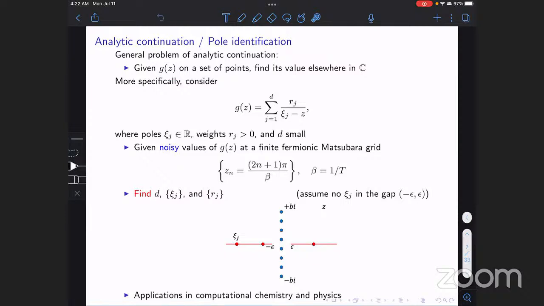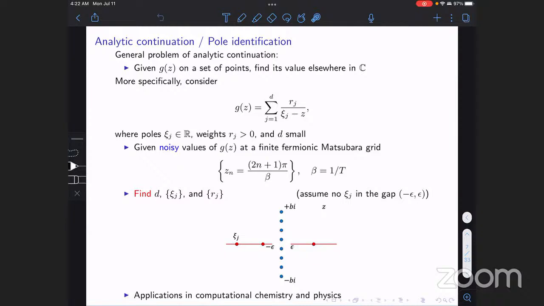We consider an analytic function g(z), which is the sum of a bunch of poles, where the pole location is denoted by cj and the pole weight is denoted by Rj. The number of poles d is unknown, but we assume it to be small. One more thing is that we assume the poles to be on the real axis and the weights Rj to be positive. This particular form of the pole identification problem has a lot of applications in computational chemistry and physics.